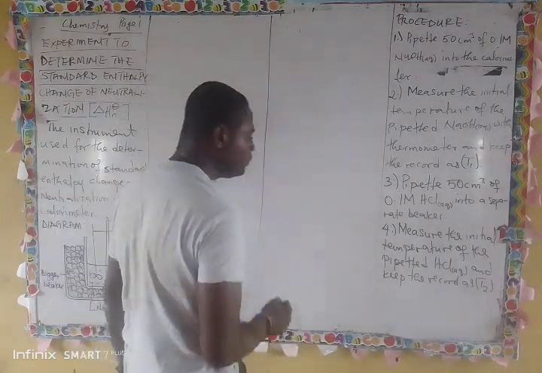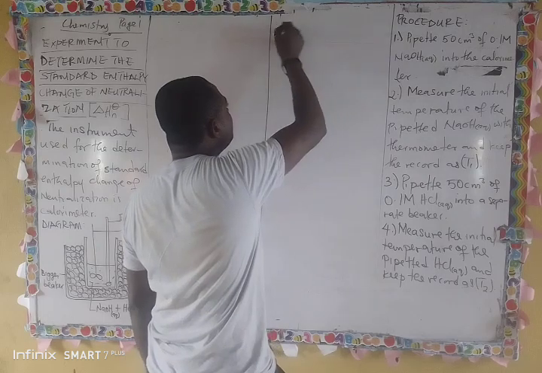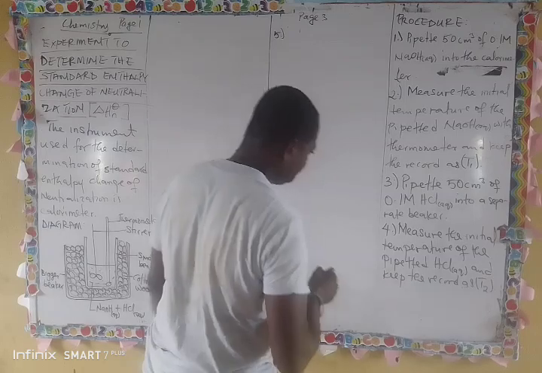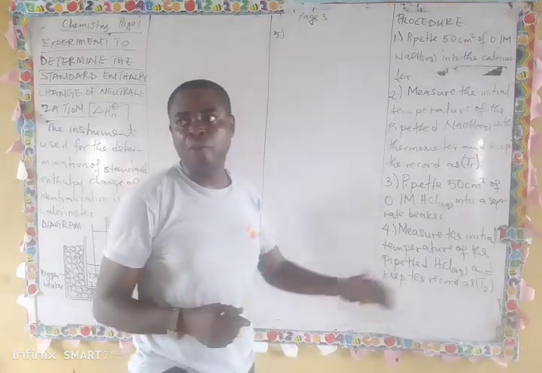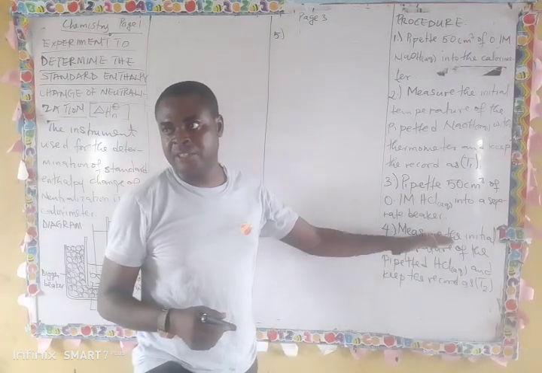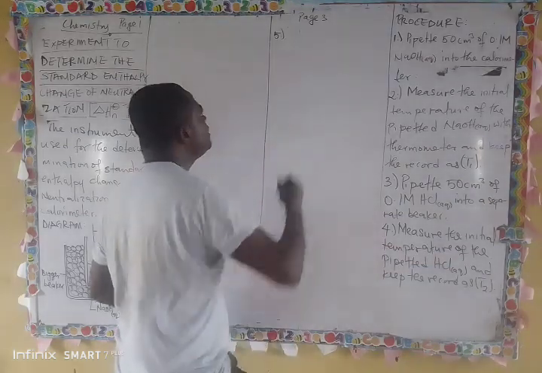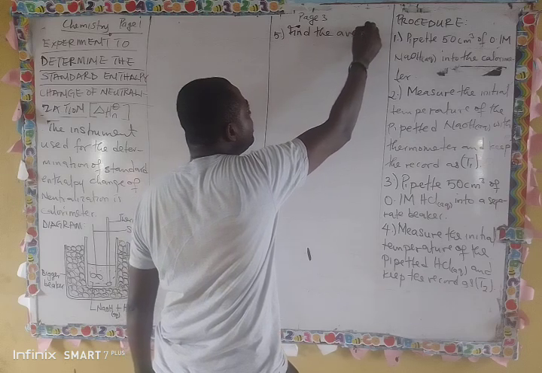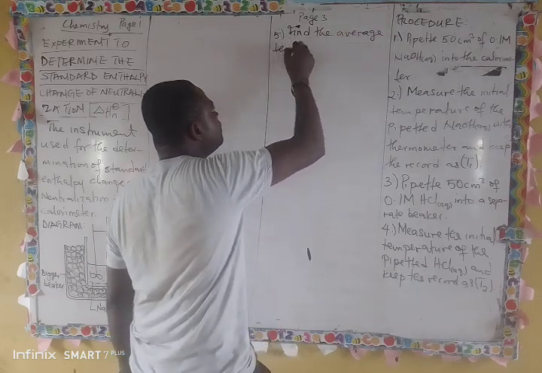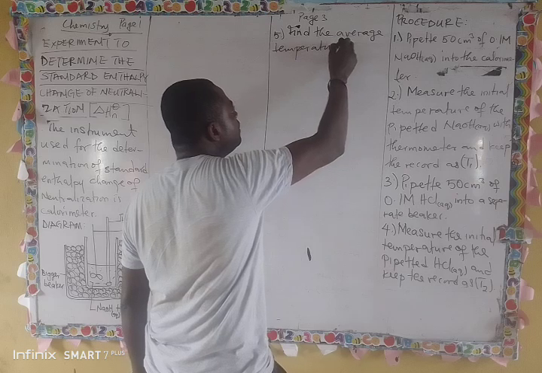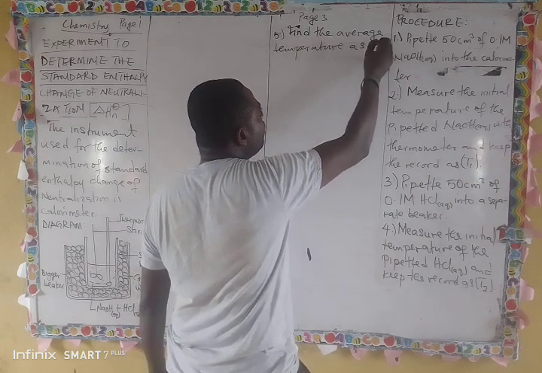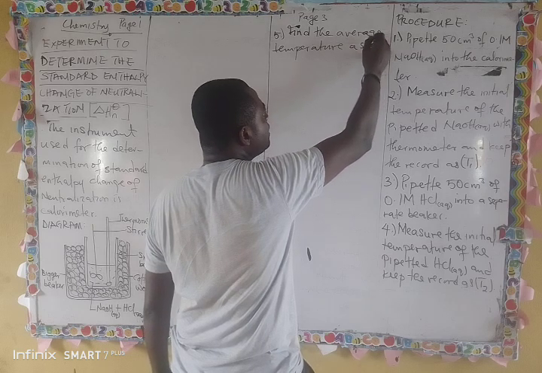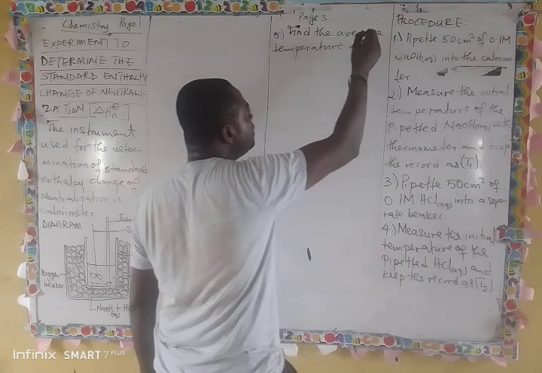Then the next thing to do, point number 5, in page 3 now. You have gotten the initial temperature for both NaOH and HCl separately. Next thing is, find the mean, the average temperature, and call that your average temperature T3.